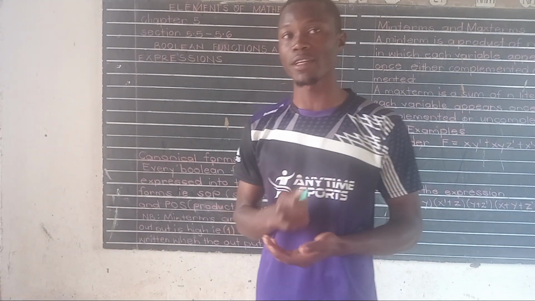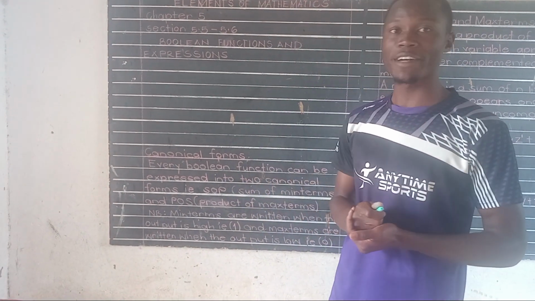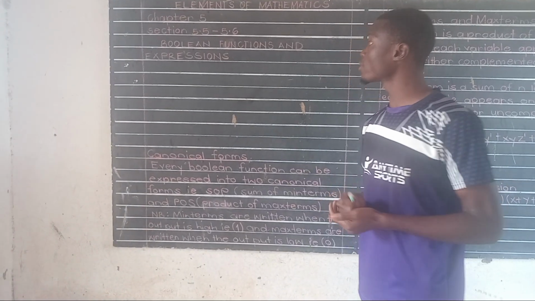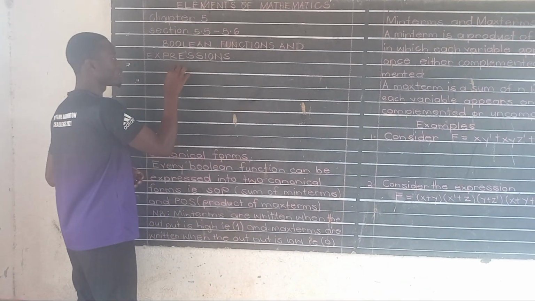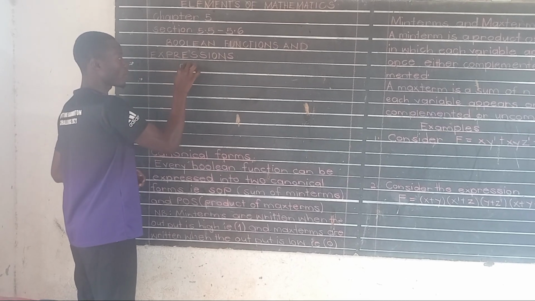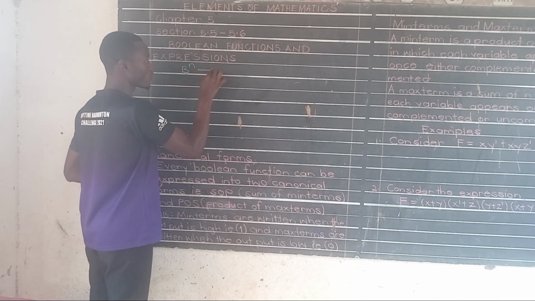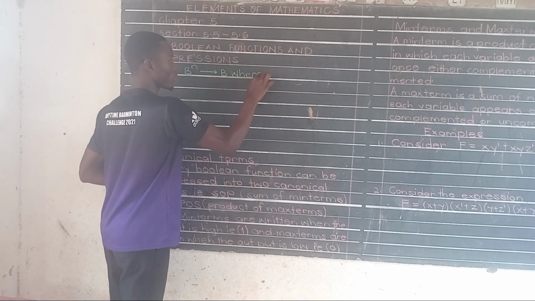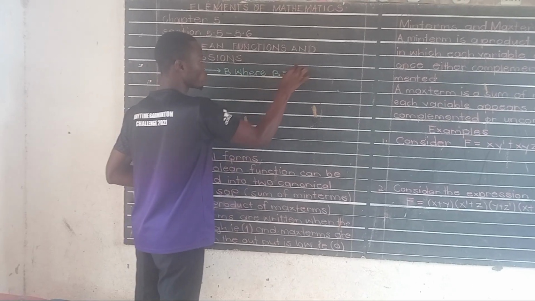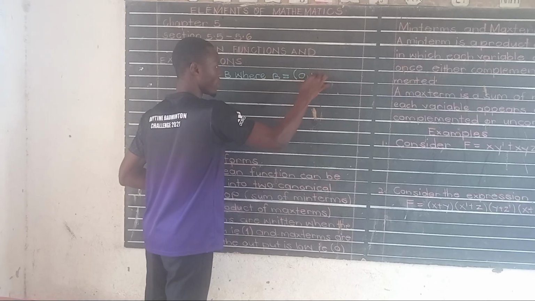That is chapter 5, Elements of Mathematics, sections 5.5 and 5.6. So I'll define a Boolean function as a map from B to the power n to B, where B is equal to {0, 1}.